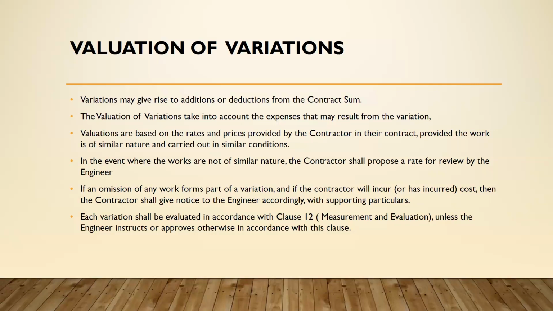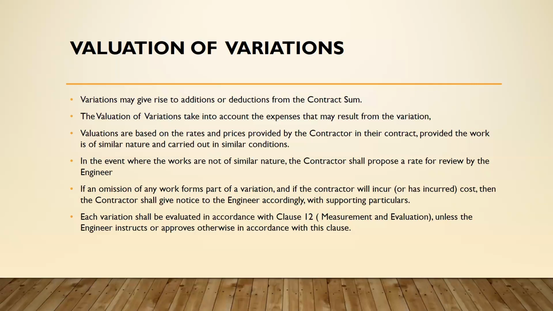In the event where the works are not of similar nature, the contractor shall propose a rate for review by the engineer. If an omission of any work forms part of a variation, and the contractor will incur or has incurred costs, then the contractor shall give notice to the employer accordingly with supporting particulars.